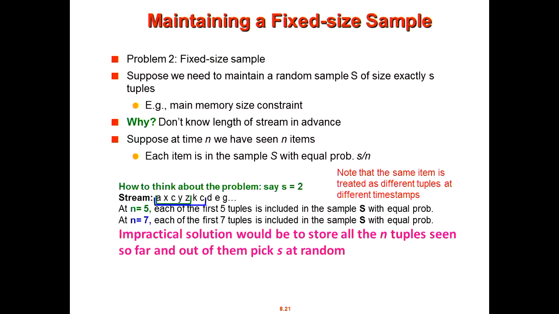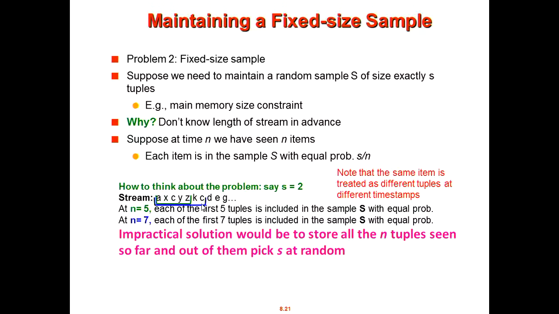For example, we use n equal to 7, for example A, X, C, Y, Z, K, C. So in these 7 characters, each of the 7 items will be sampled with equal probability. As a result, because C appears twice, this C has a probability to be sampled, and this C has a probability to be sampled.